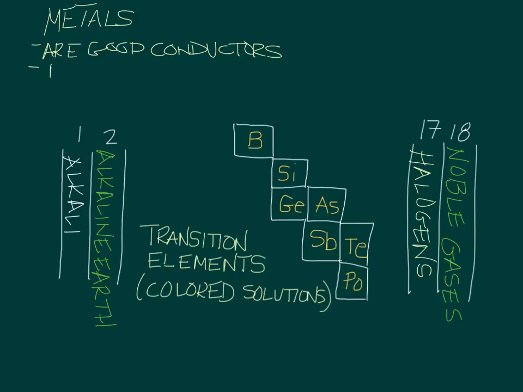They are malleable, meaning that they can be shaped. They are also ductile, which means that they can be drawn into a thin wire. And they have high melting points.